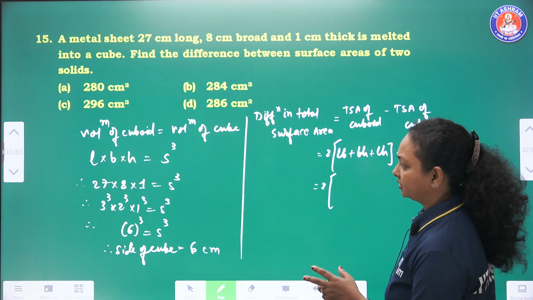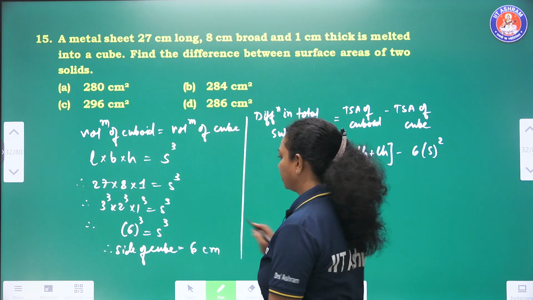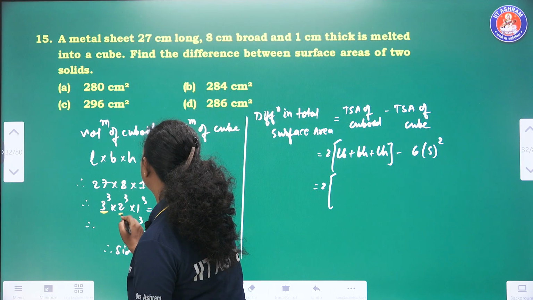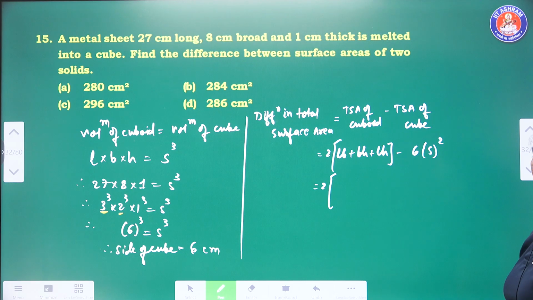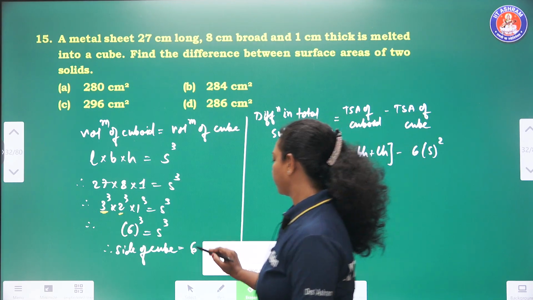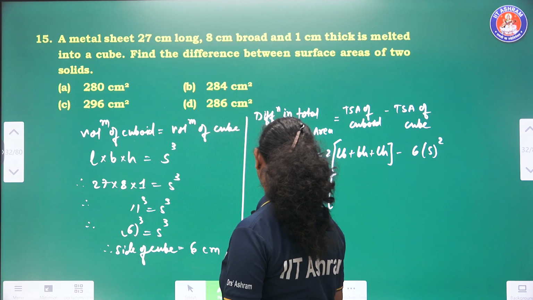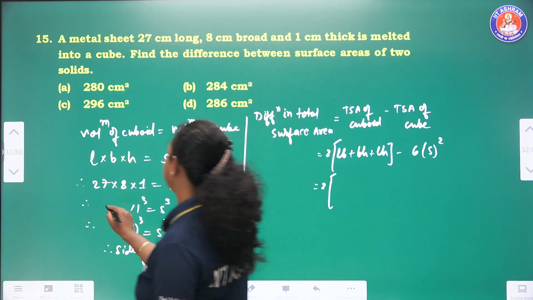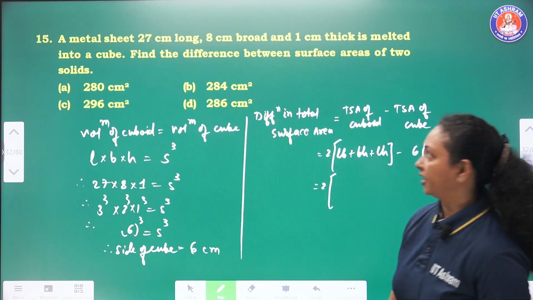Length into breadth. So what is the length? Length is 27.